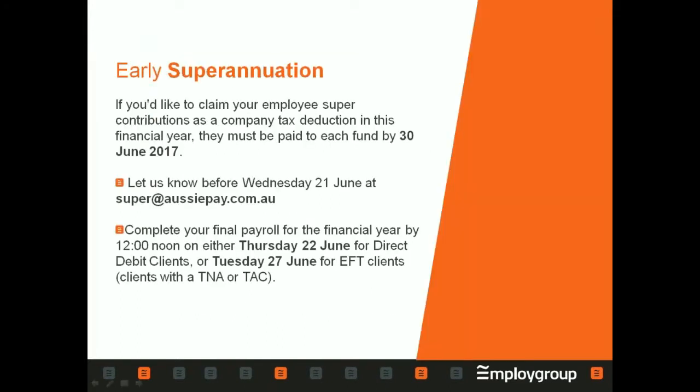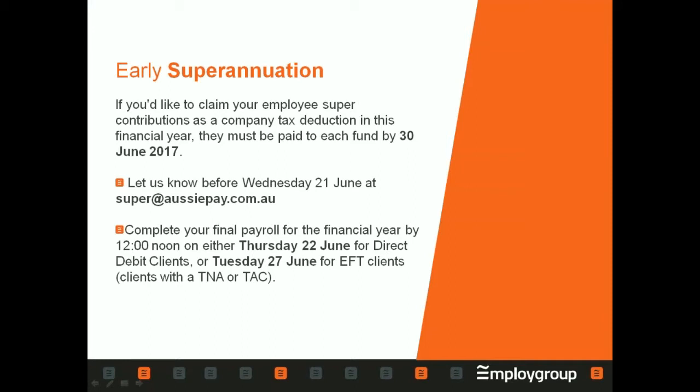If we pay your super for you, and you'd like to claim your employee super contributions as a company tax deduction in this financial year, your super contributions for the June quarter or month need to be paid to each fund by the 30th of June. You can let us know before Wednesday 21st of June, so tomorrow, by emailing us at super@aussiepay.com.au if you would like to have your super paid early.